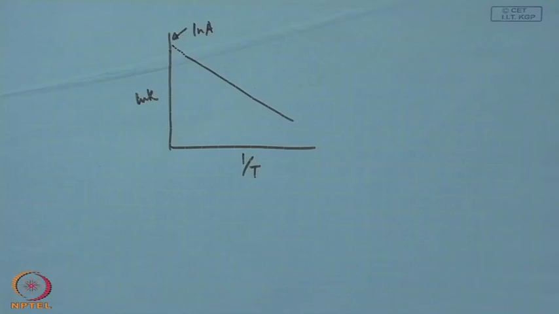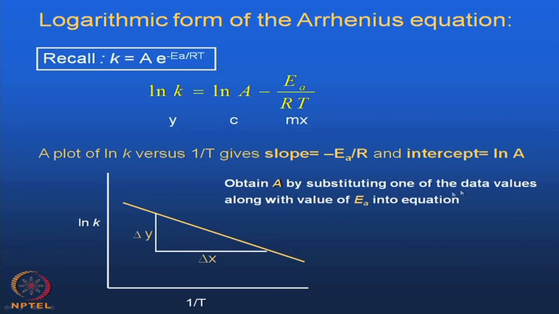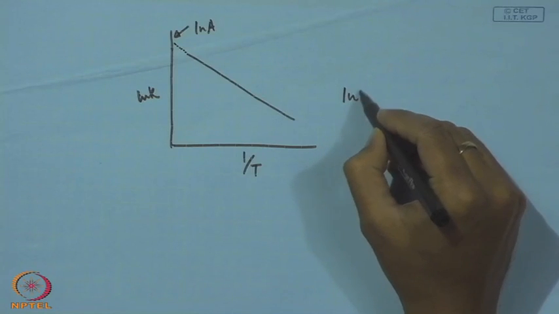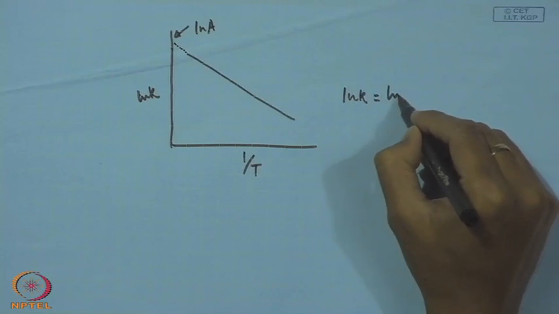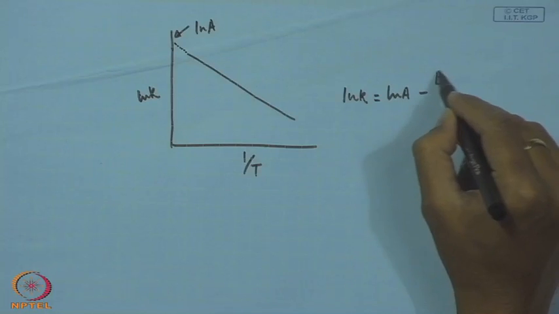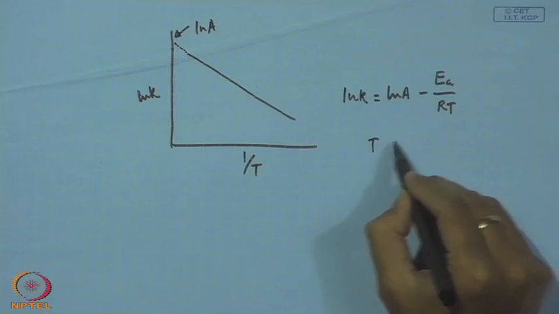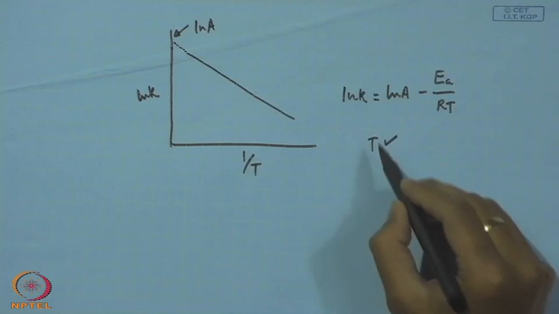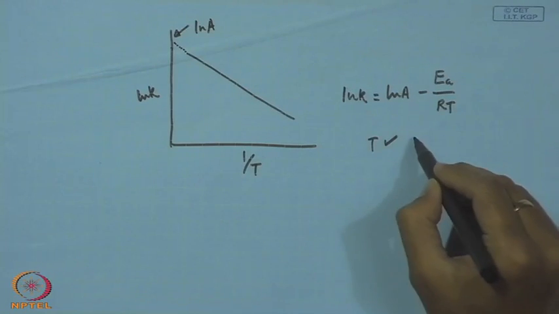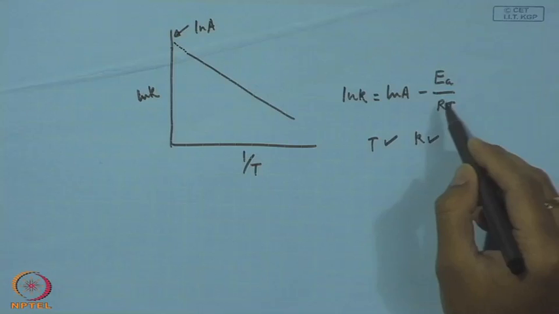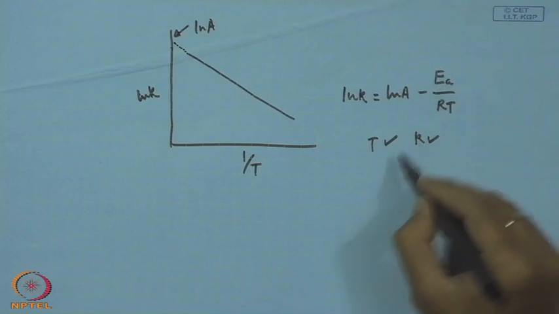Or maybe you can obtain A by substituting one of the data values along with the value of Ea into the equation. In that case you have to take help of the equation itself, that is ln k is equal to ln A minus Ea by RT. Suppose we know the temperature, suppose at that temperature you know k, and also you have been able to find out Ea. So, Ea is known.